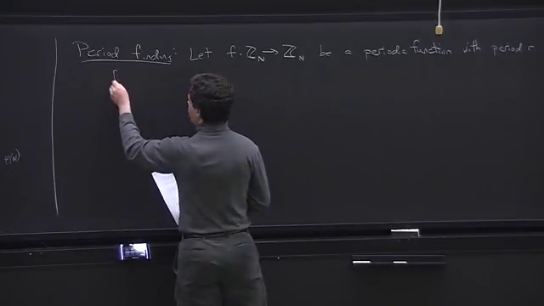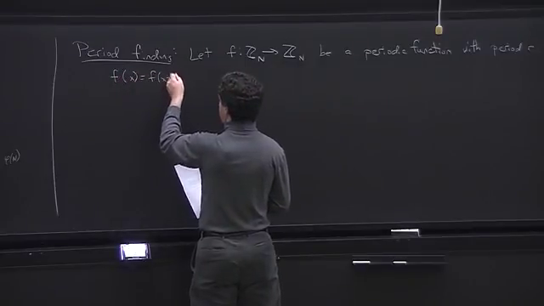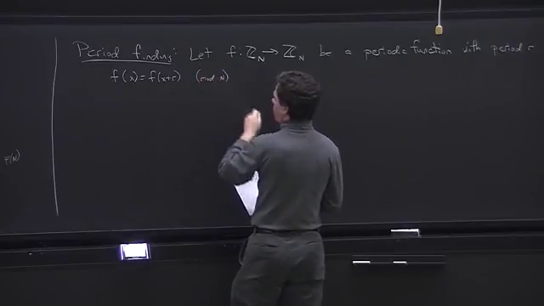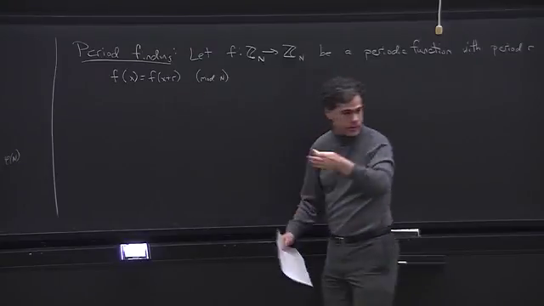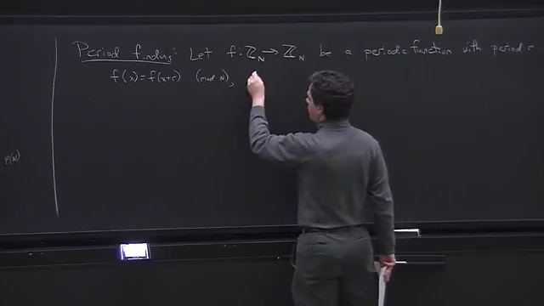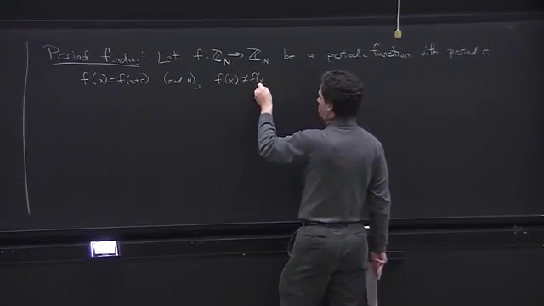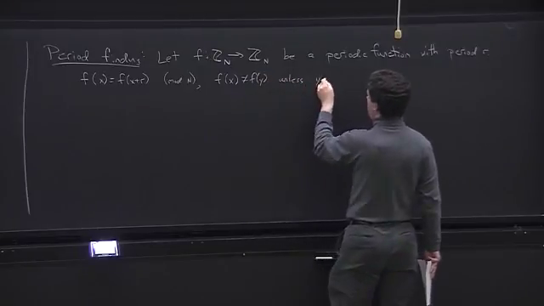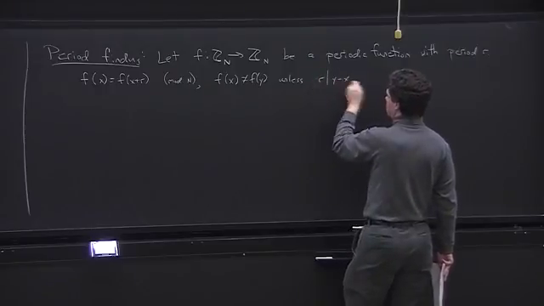So we have f of x is equal to f of x plus r, and this is mod n arithmetic. So n minus 1 plus r is r minus 1. But f of x is not equal to f of y unless y minus x, unless r divides y minus x.